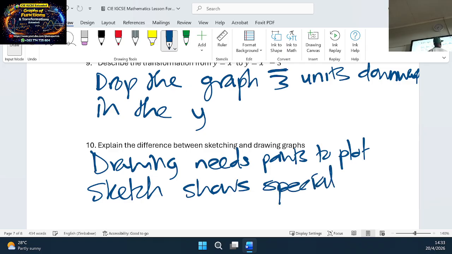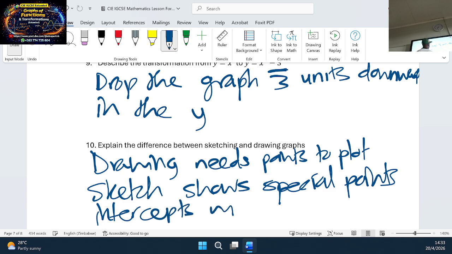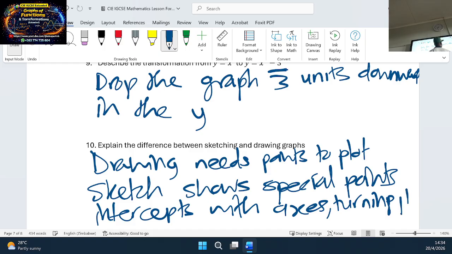When I say special points, we are interested in things such as intercepts with axis, turning points, etc. So that's the basic difference between the two, sketching and drawing.